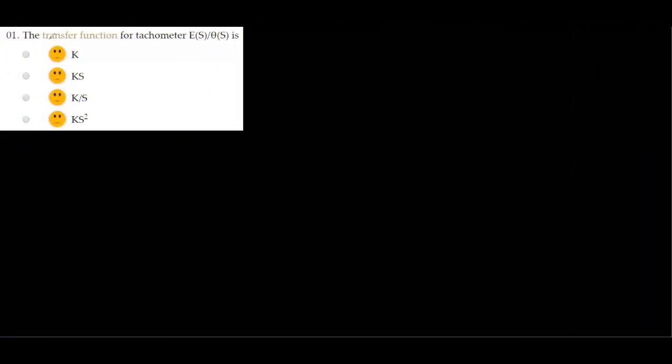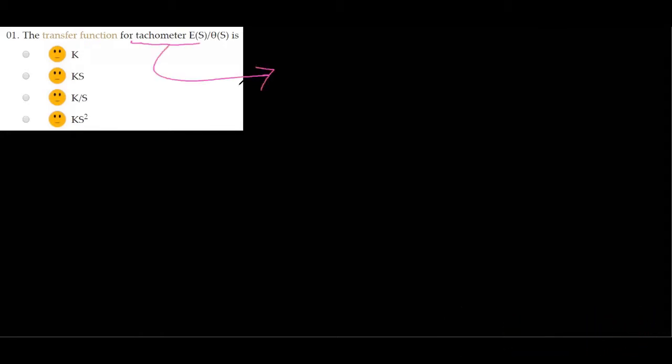So the MCQ is: the transfer function for tachometer E(S) by theta(S) is KS, K by S, KS square. So let's discuss this, what is meant by tachometer.